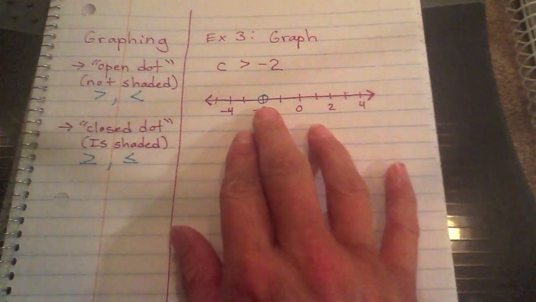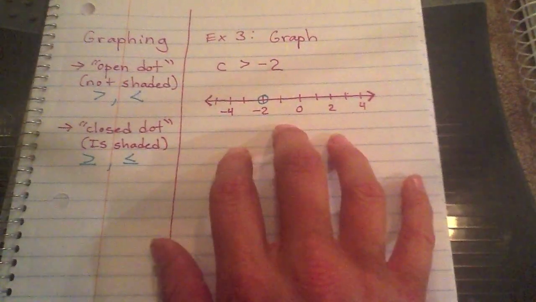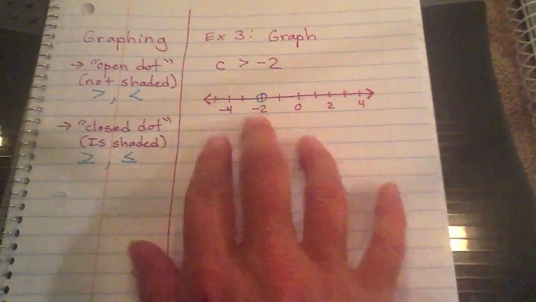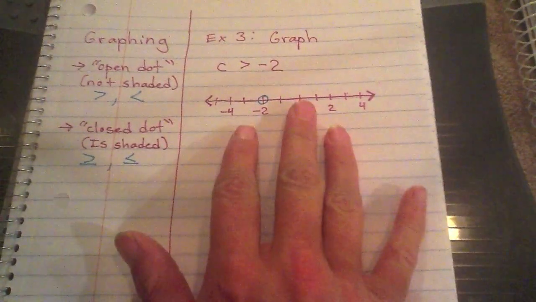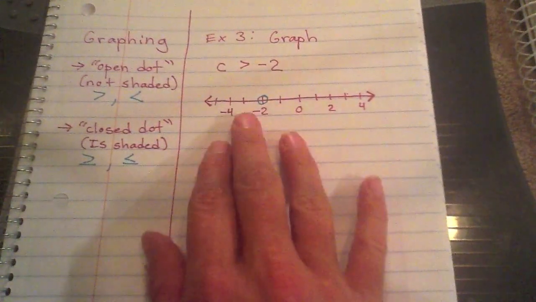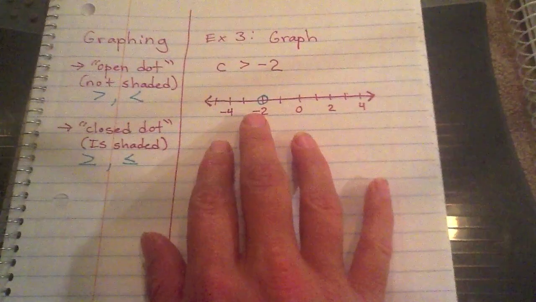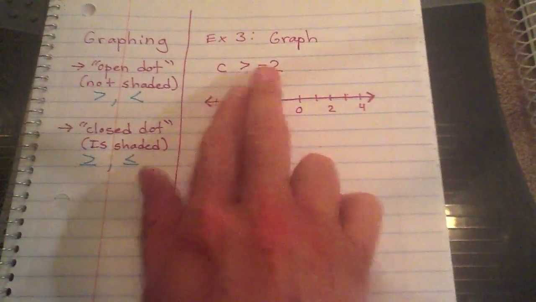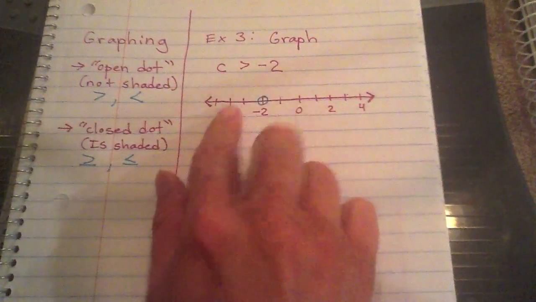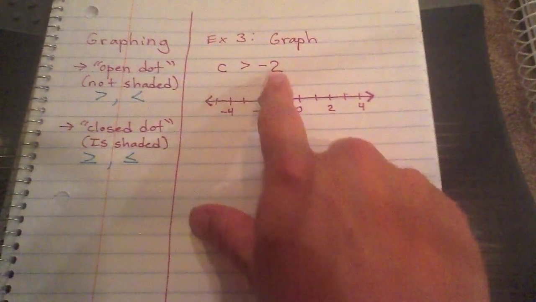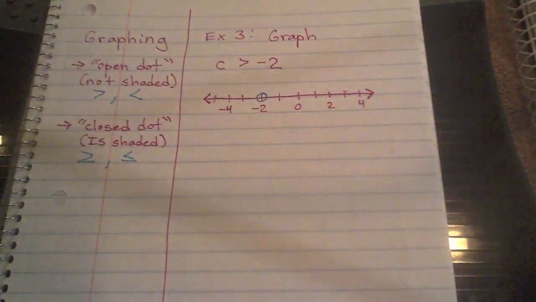Now what you're going to do, and I want you to try it this way, even though I know a lot of you have a shortcut and you have some other things, but I just want you to pick a number on the right of that or to the left of that. Doesn't matter because this is going to help you later when these are more difficult. So pick a number like negative 4. Is negative 4 greater than negative 2? No, it's not. Is 0 greater than negative 2? Yes, it is.